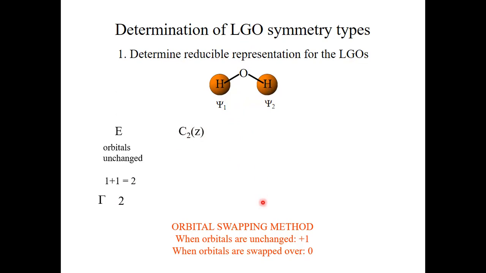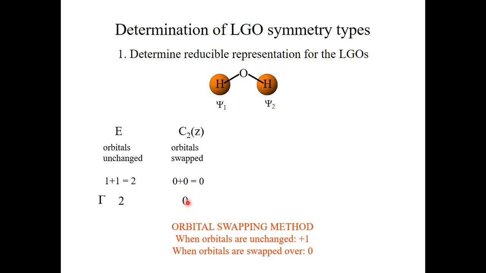So for that reason, each of the two orbitals gets a character 0. Now we add up the two characters, and that gives again 0, and that is the second character in our reducible representation.